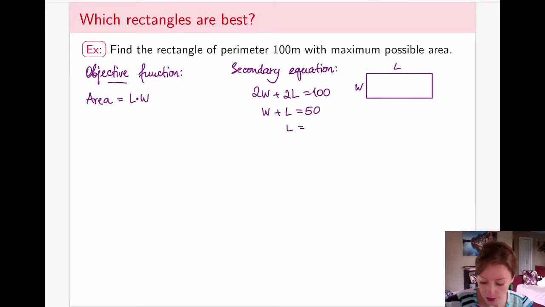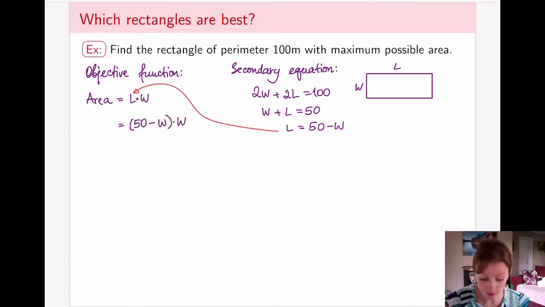And then from here, L is equal to 50 minus W. So I can use this to plug in for L in my objective function, which will result then in my area being (50 minus W) times W. Or if I want to open up the bracket, 50W minus W squared. And this is the function that I'm going to want to maximize.